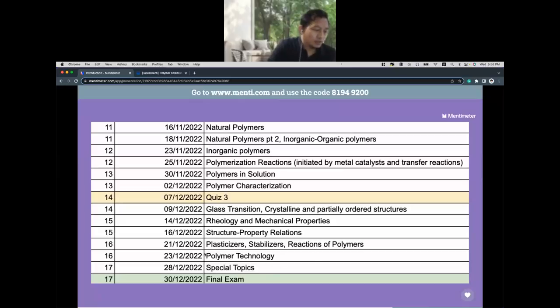And then polymer technology and special topics is more like the topics that are trends in some period of time, and then we can discuss more on those topics here. It's actually quite broad, with many topics in one big topic here, describing several topics as well.